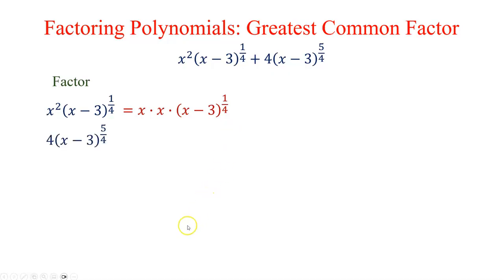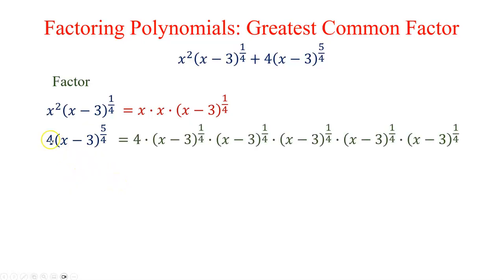While the second term of the 4 times x minus 3 to the 5/4 in expanded form, you've got the 4 and you've got 5 of the x minus 3's to the 1/4. So I got 1/4, 2/4, 3/4, 4/4, 5/4.